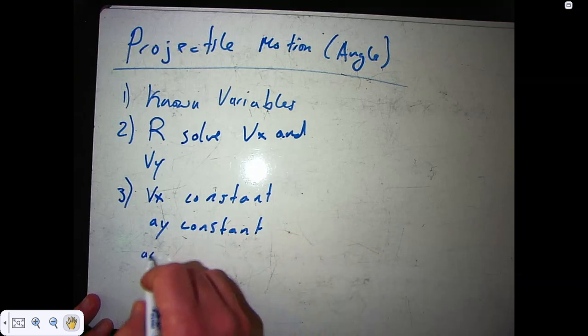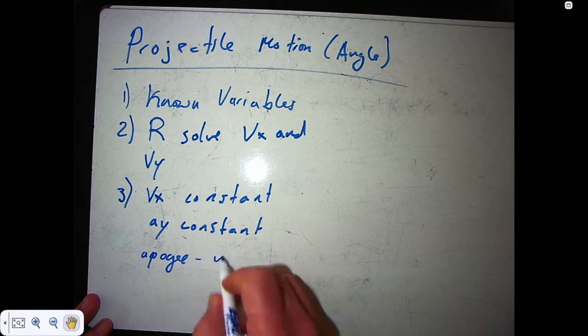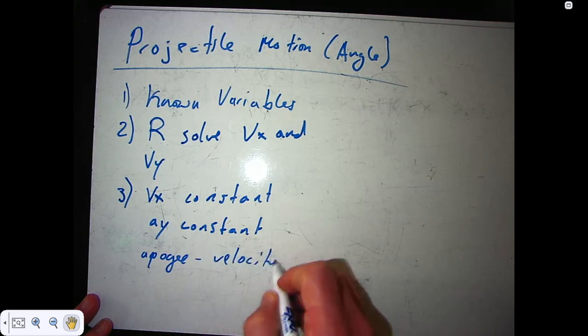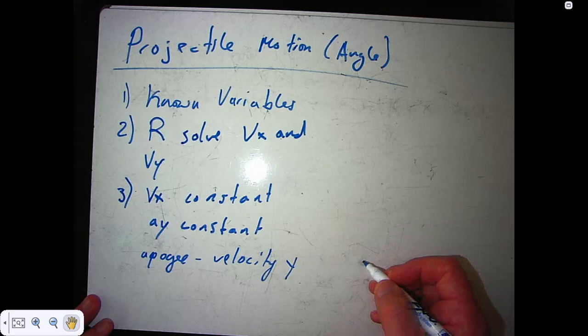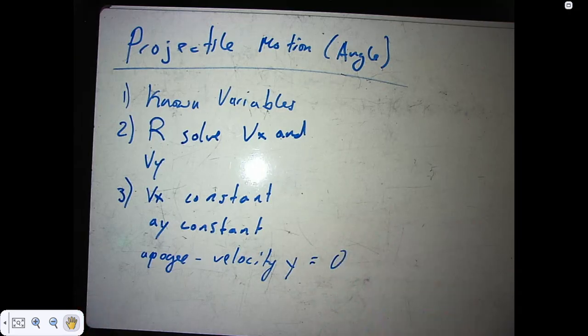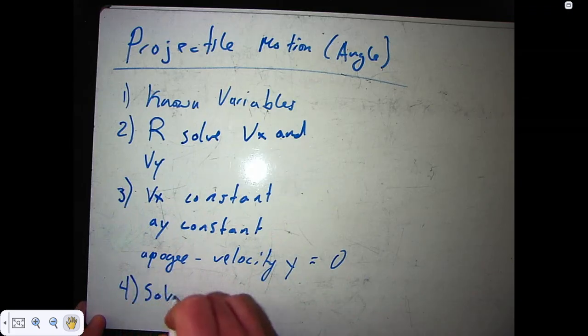And at apogee, the velocity in the y direction is equal to 0. Not the Vx. The Vx is still the same, even if the velocity in the y direction is 0. So these are some key points. From there, we can start solving for various things.